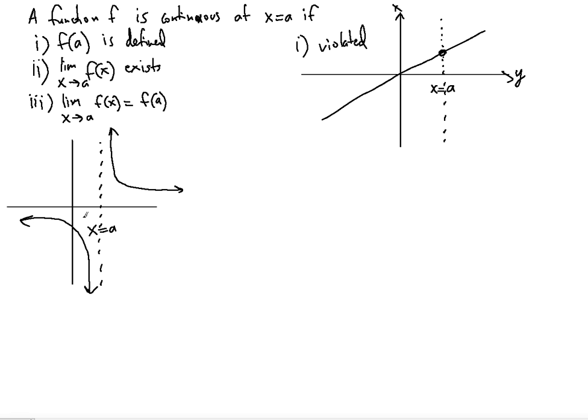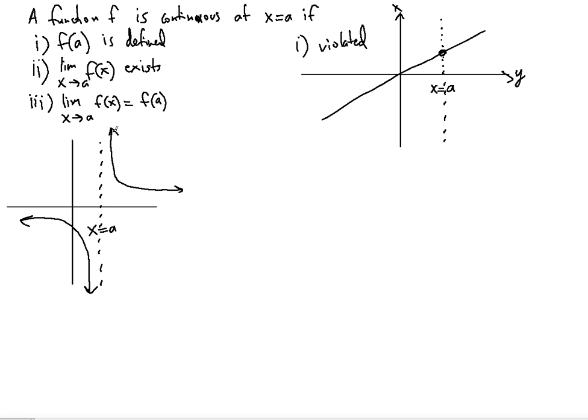So let's see, and when I say asymptote, it means that the function will never hit this x value. That's what asymptote is, okay? So as you can see, f of a is already undefined, right? Because asymptote means that the function will never use the x value of a because it's an asymptote, right? So f of a is undefined, okay?